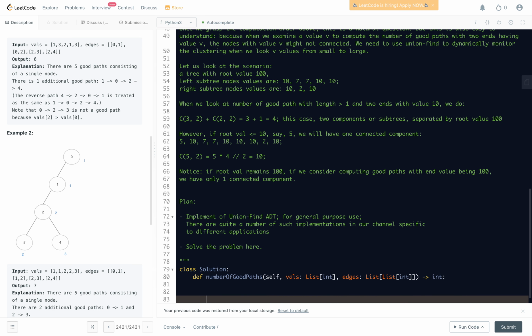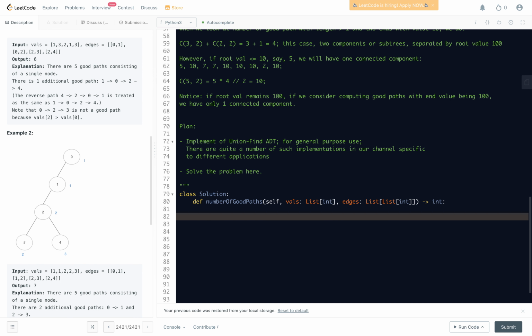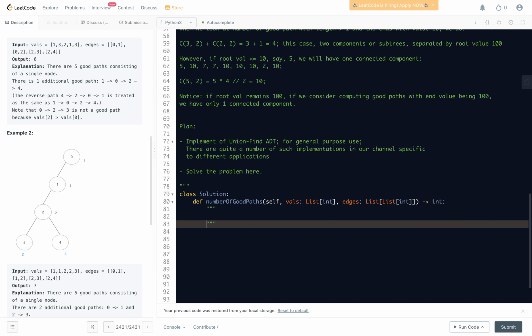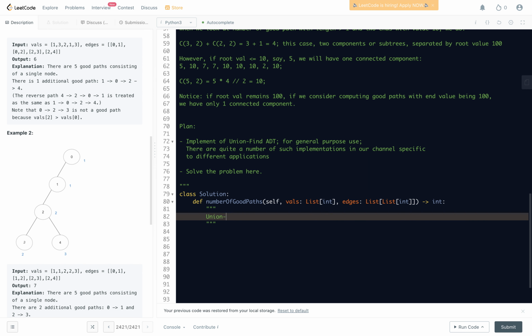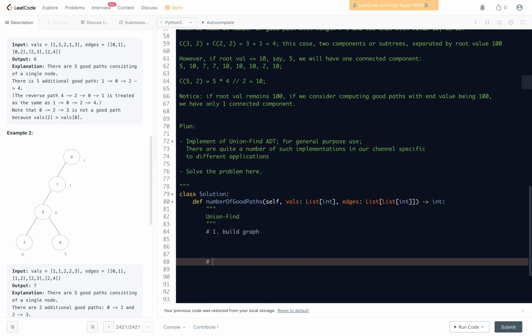Secondly, we are going to use this union find to solve the problem here. With that said, let's look at the code. I hope that with the above explanation, the logic should be clear. Now let's divide this solution into different parts. First, I'm going to build this graph.